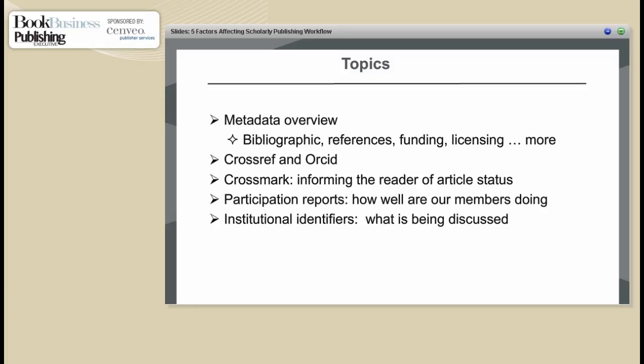I'm going to talk specifically a little bit in detail about funding, about Crossref and ORCID, Crossmark, which is one of the services that Crossref offers. Talk a little bit about how we work with our publishers and trying to help them do a good job of supplying the metadata, and then I'll finish with a few words on institutional identifiers and what's going on in the Crossref world there.